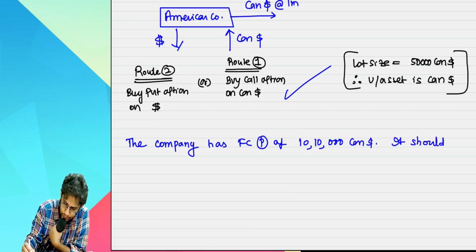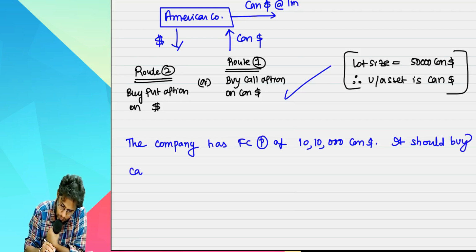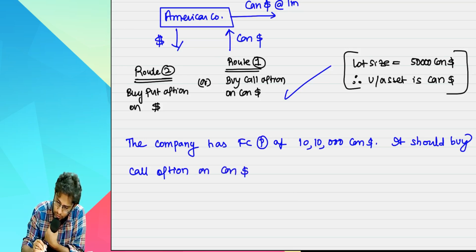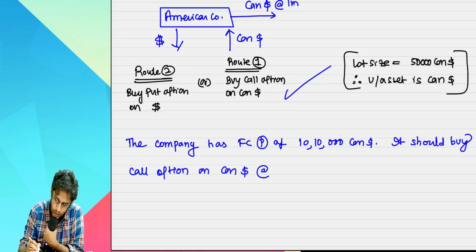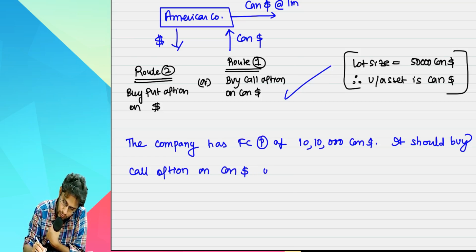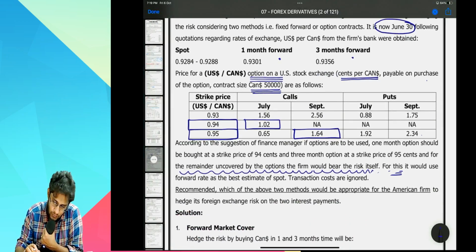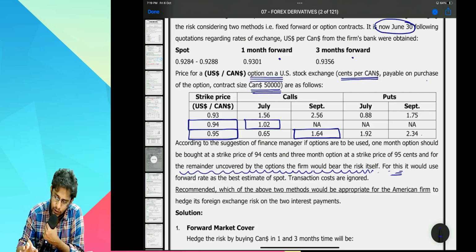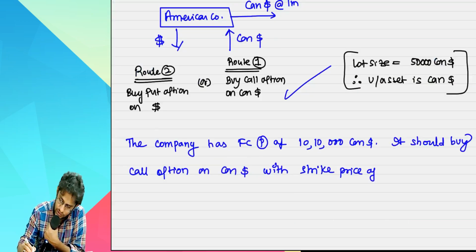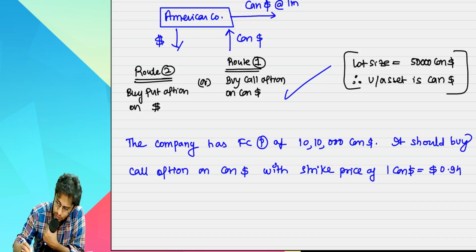It should buy a call option on CAN dollar at a strike price of, what did he say? 1 month call option, which strike price should you use? 94 cents, that is 0.94. So at a strike price of 1 CAN dollar is equal to $0.94.